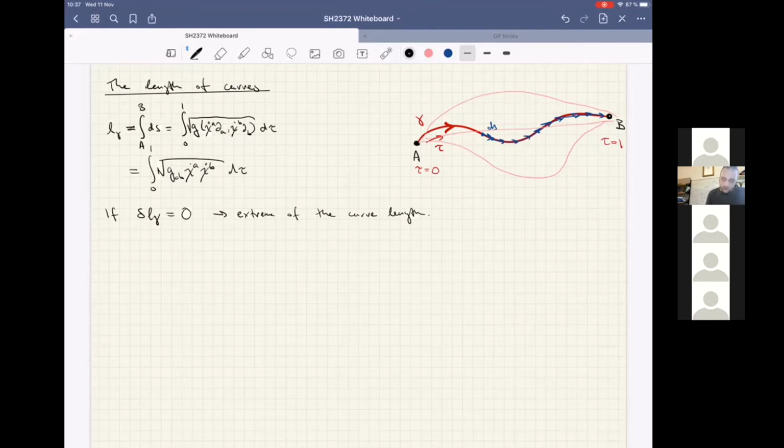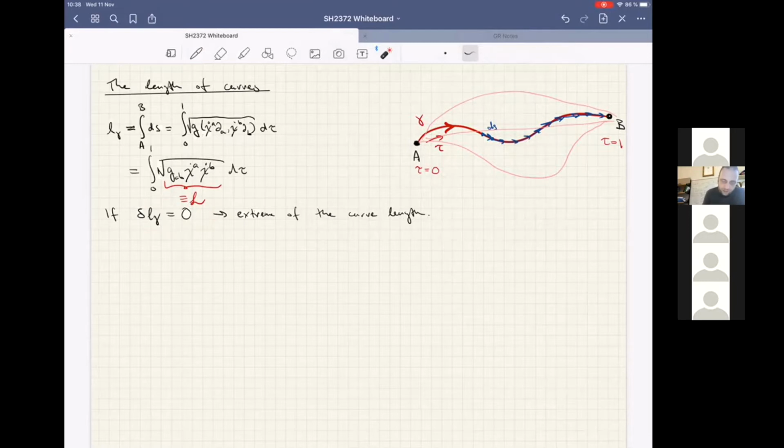So what I'm going to do now is I'm going to define this thing here as L. It's a function L, which is a function of the coordinates and of the coordinate derivatives. And to satisfy this requirement, that's equivalent to doing variational calculus and satisfying the Euler-Lagrange equation for this L.